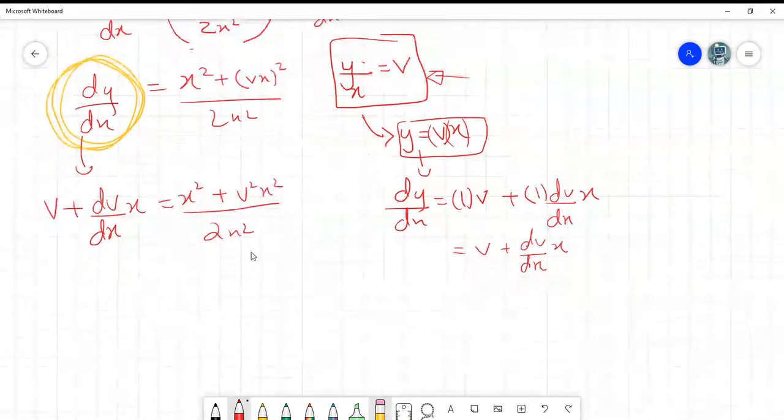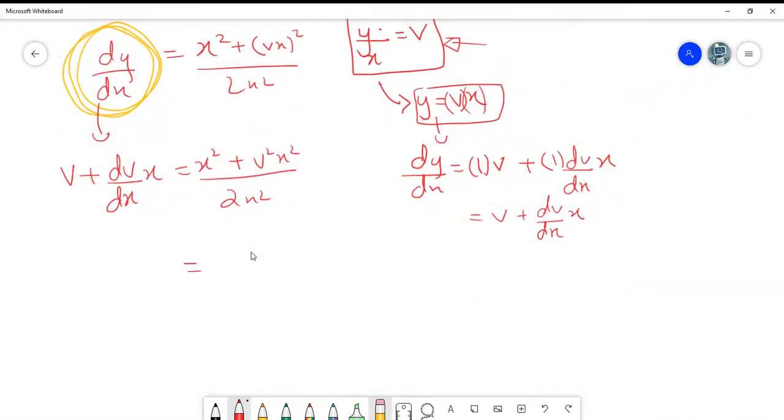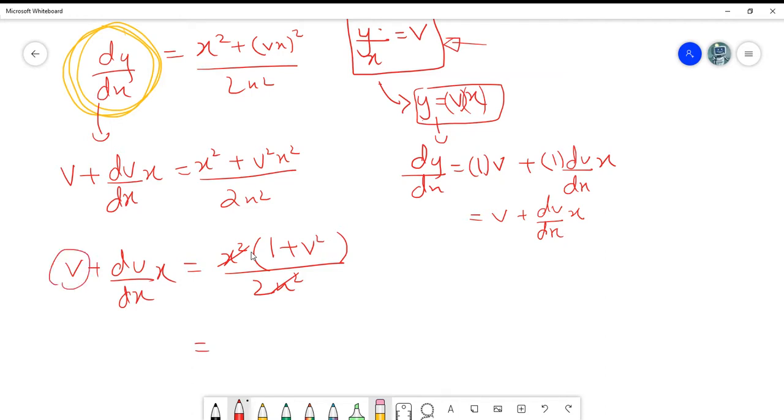Let's try and simplify this now. So if I look at the numerator on the right side, x squared is common, leaving me with 1 plus v squared over 2x squared, and x squared can cancel. And on this side I have v plus dv over dx times x. Now we can take the v on the other side, leaving us with 1 plus v squared over 2 minus v, and we have dv over dx times x on this side.